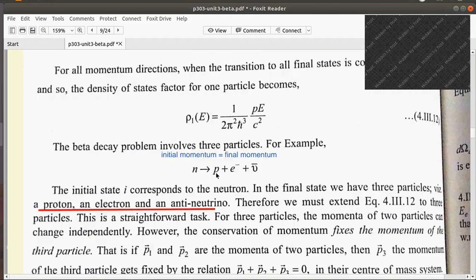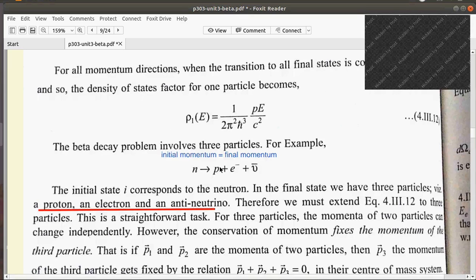So what happens is mostly its momentum is unchanged. Okay, so it's stationary. The particles which have most of the momentum are the electron and the neutrino. So it is better that we consider the electron as the first particle and the antineutrino as the second particle whose information is available.